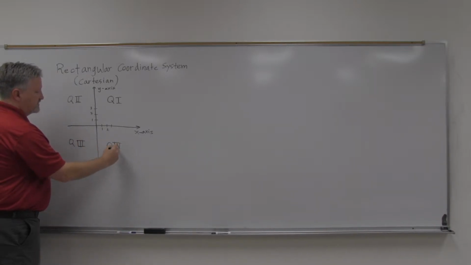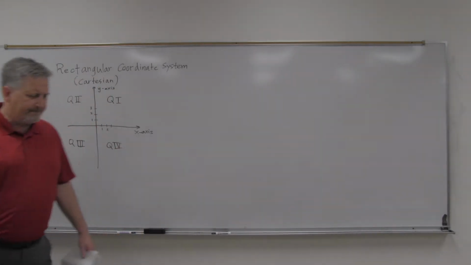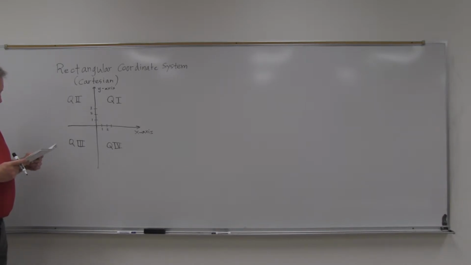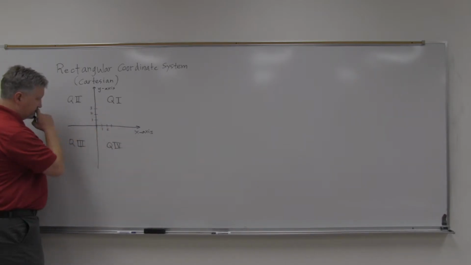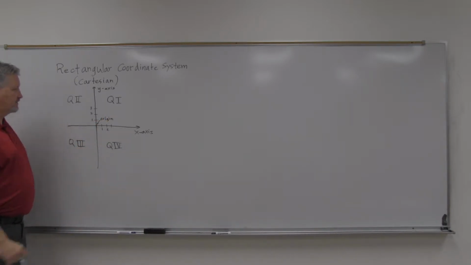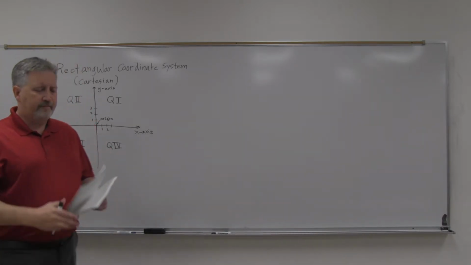I mention those because sometimes we do reference those. And so those are the quadrants. The point where these axes all cross, that's, of course, referred to as the origin, again just some terminology.